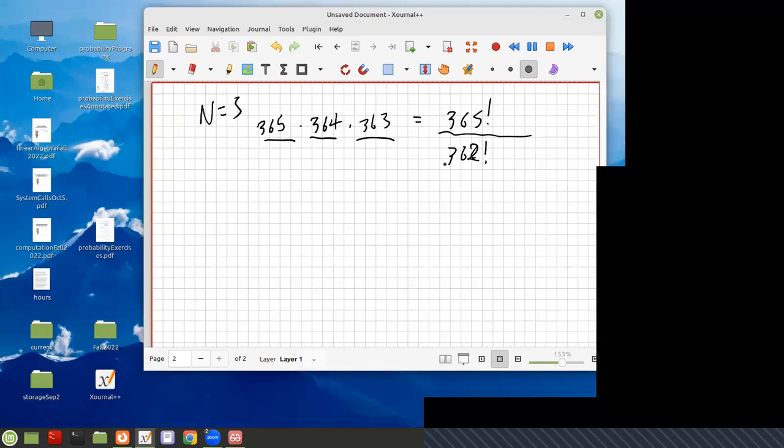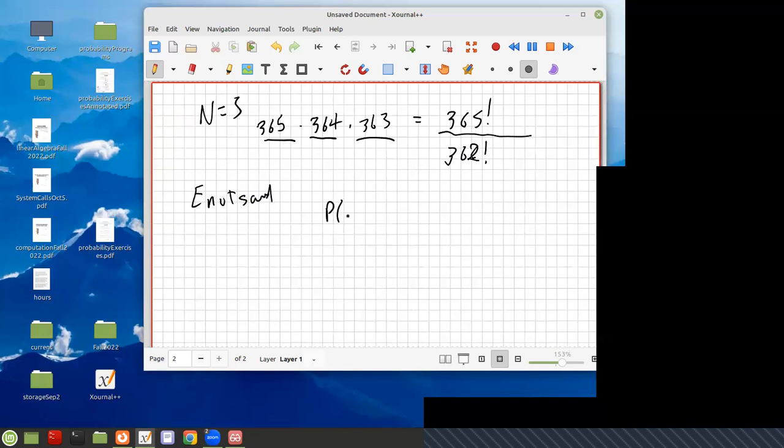So we could put this in, and this is the number for the event of not the same day.